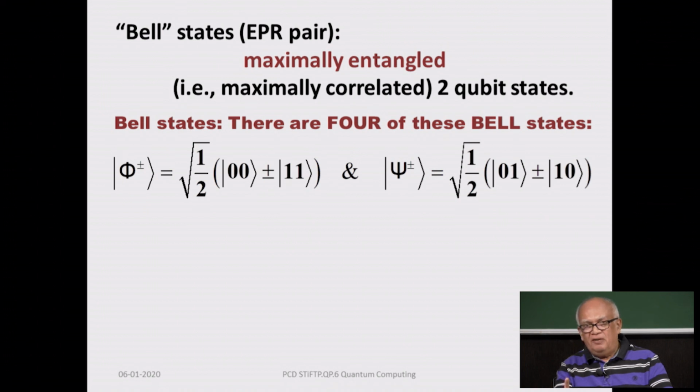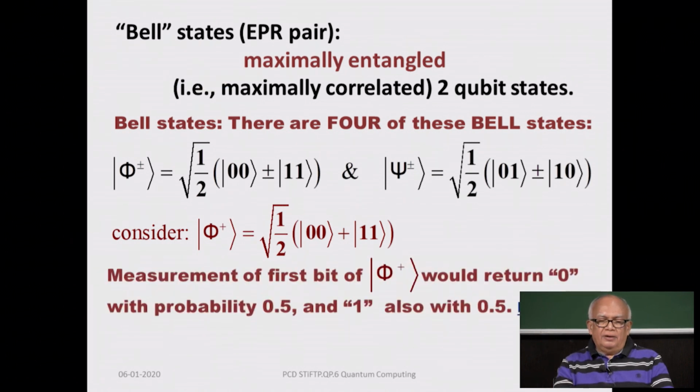And if you do the same kind of analysis for the remaining 3, you will be led to the same conclusion that they cannot be factored. I will leave it as an exercise. Okay? So there are 4 Bell states represented by phi plus and minus and psi plus and minus. These are different superpositions, as you can see, 0 0 1 1 and 0 1 1 0.